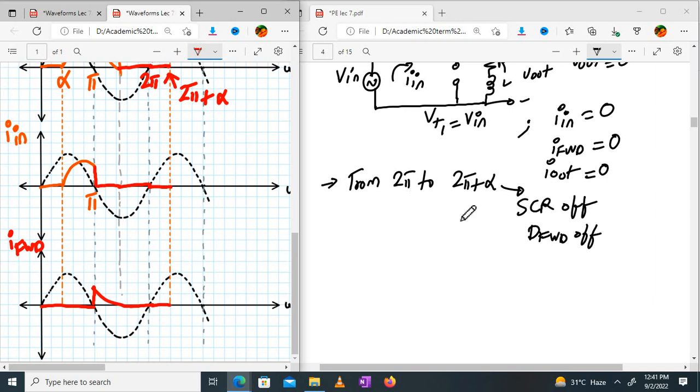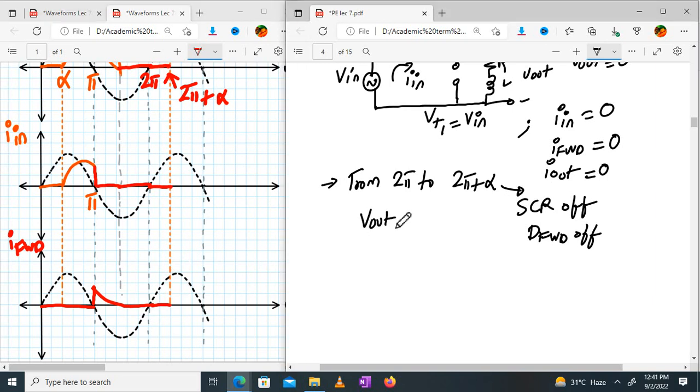In this case, your V out is 0, your I in is 0, the freewheeling diode current is 0, then what do you have? I out is also 0, because the SCR is in a forward blocking state, it is still not on.